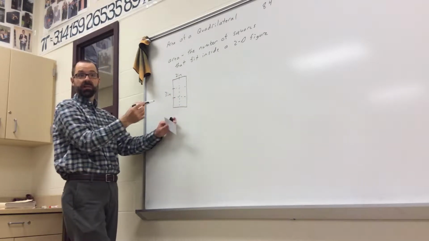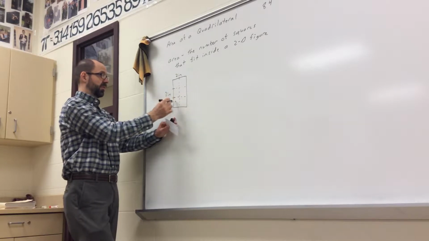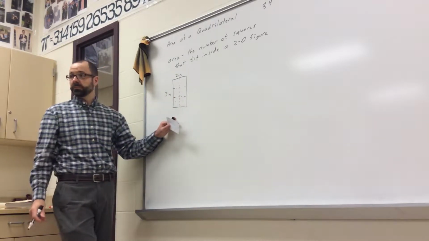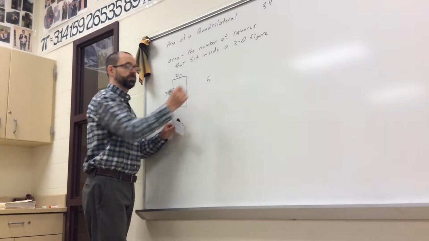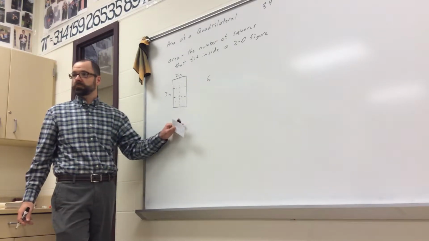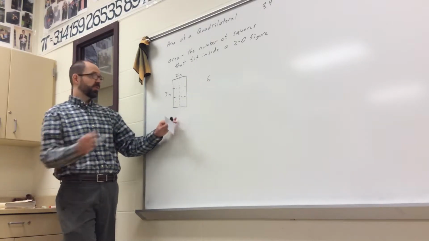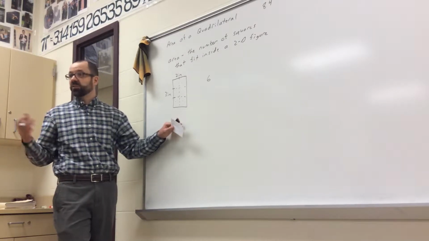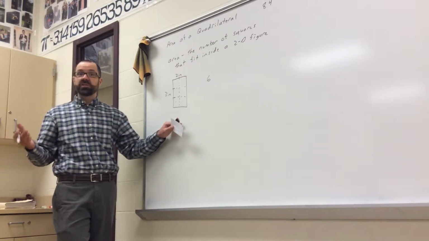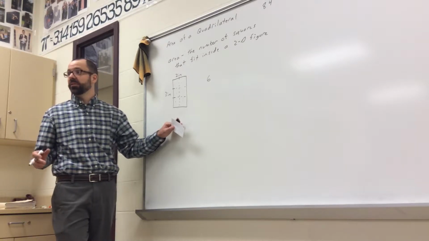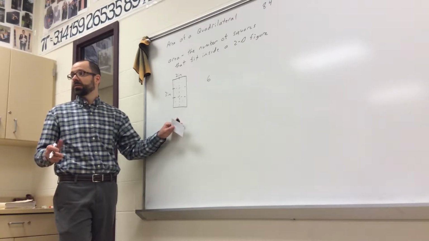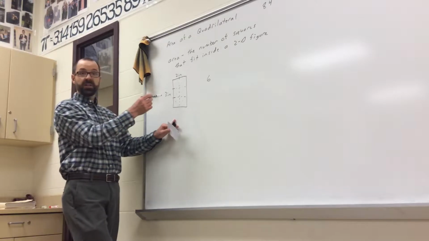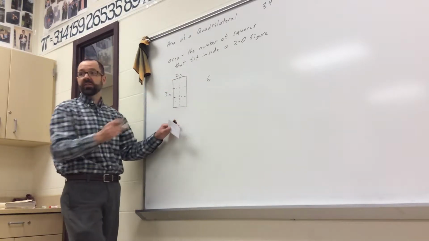So then you count the squares. 1, 2, 3, 4, 5, 6, right? Now, of course, usually we would just multiply 2 times 3, right? But sometimes when you multiply 2 times 3, you forget that what you're actually doing is counting the squares. So the area here is 6 because there are 6 squares fitting inside there.